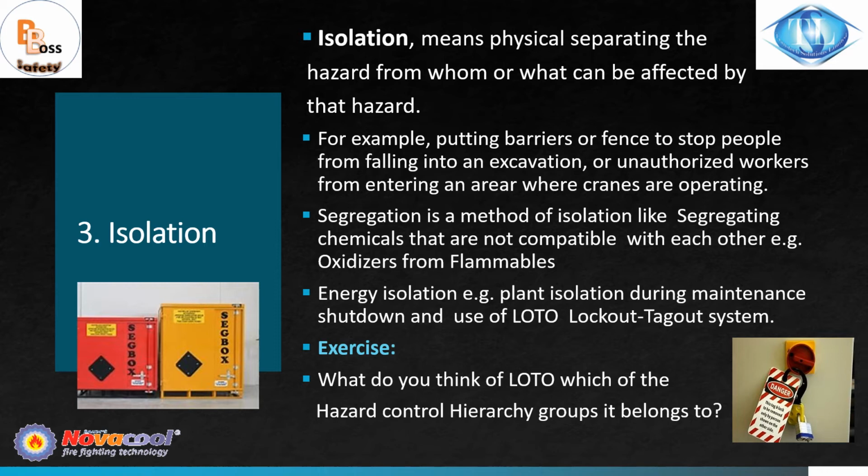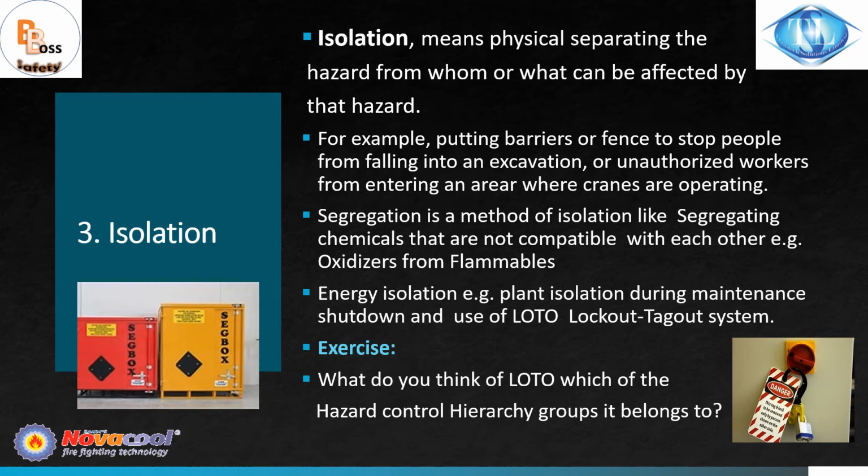When a crane is being operated, we put barriers around that area to limit the access, so we are sure nobody is moving under a suspended load. Areas with radiography also, we surround them and put flashing light. But the barrier or fence that we put around is a form, or one of the forms, of isolation.